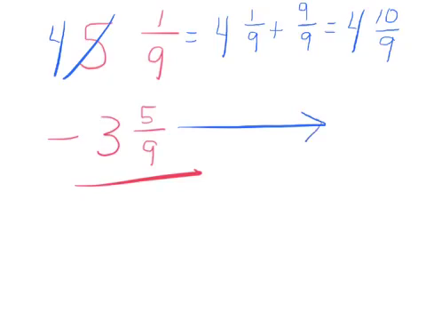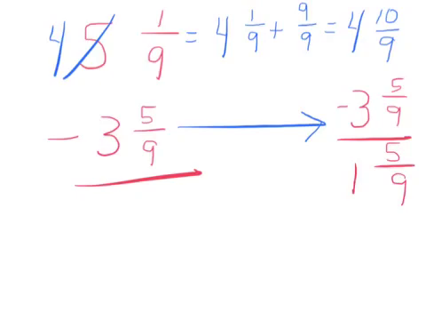And then I bring over my other fraction, so it's take away 3 and 5/9. And then I can easily say 10 take away 5 is 5/9, and then 4 take away 3 is 1. And that is our answer.